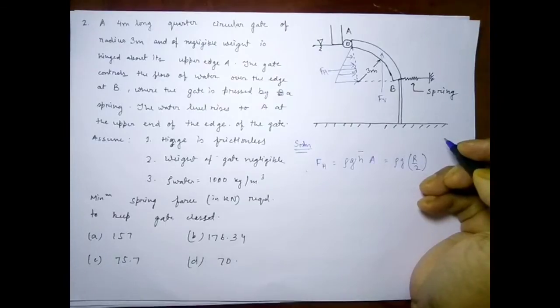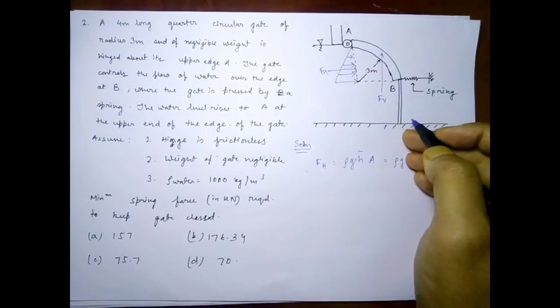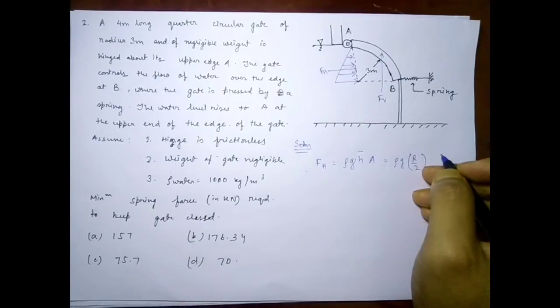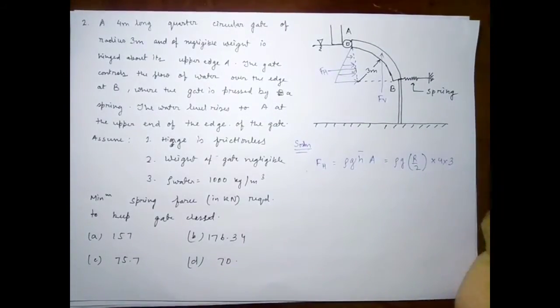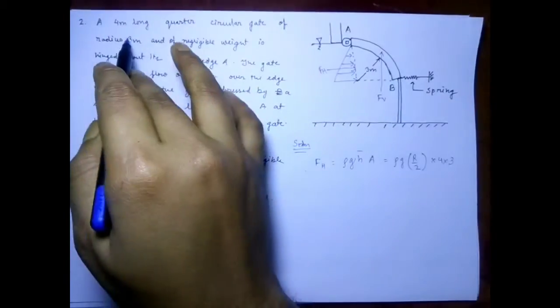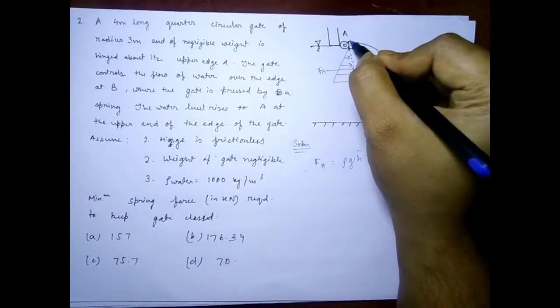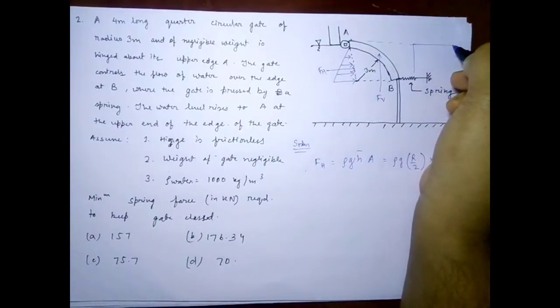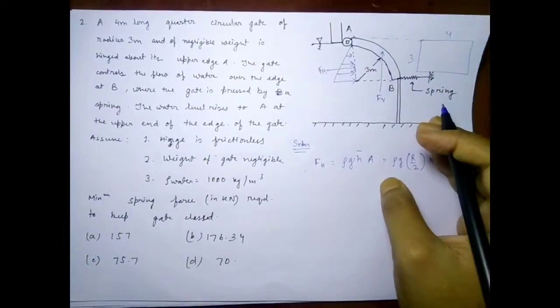and multiplied by the area, that is area will be equal to 4 into 3. Because the length is 4 meter and we also have radius 3, so if we project it in the horizontal direction it will be just like a simple rectangle of 4 into 3 area.